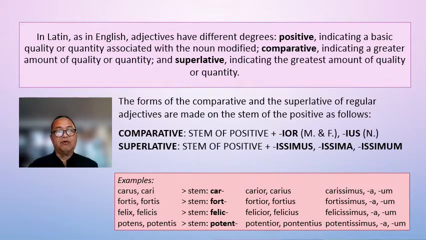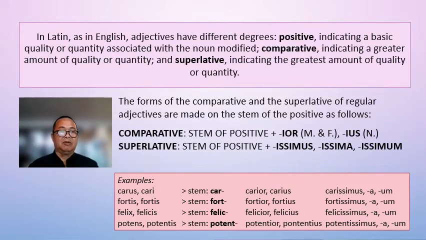That is how you form the comparative. So the question that comes to mind is, how do you get the stem of the positive degree adjective? The simple instruction is to get the genitive singular of the adjective, drop the ending, and you get the stem. And to that stem, in order to form the comparative degree, you add -ior.